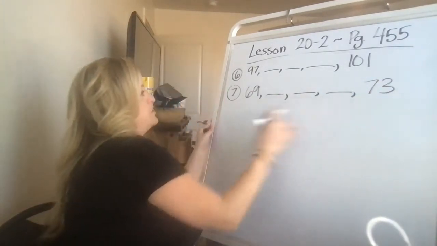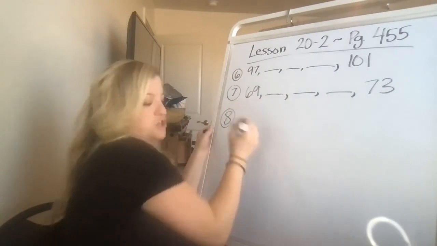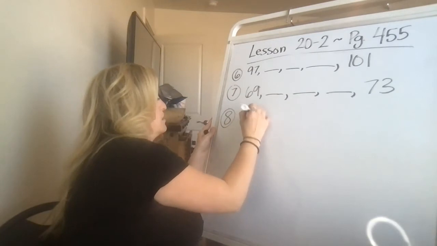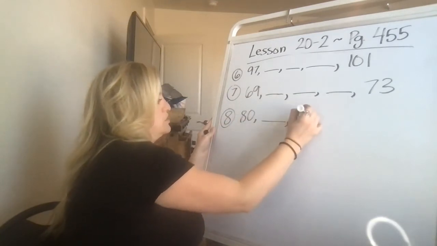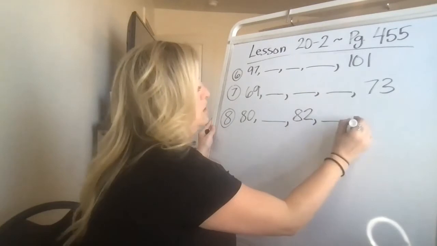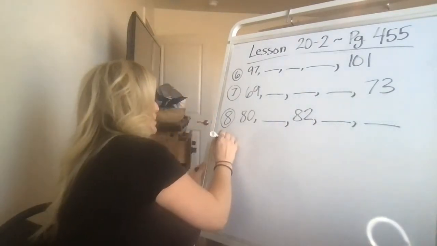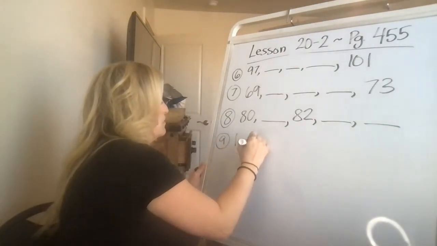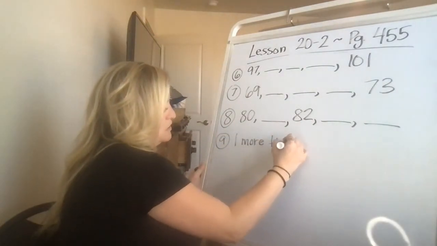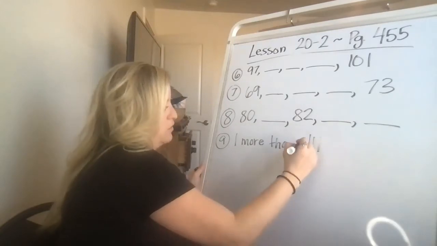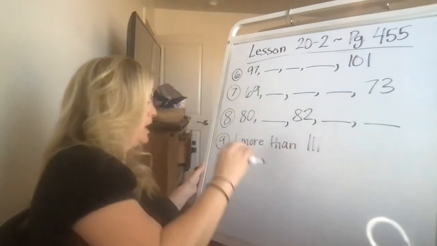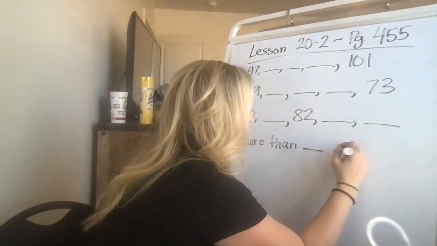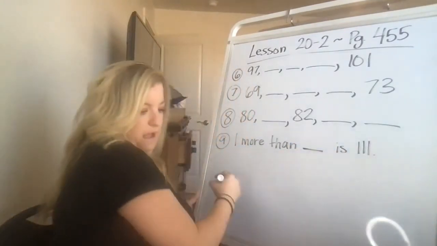So you have to figure out what numbers are hiding there, and you can use your hundreds chart that the book gives you. Number 8 is 80, blank, 82, and two more. Number 9 is 1 more than blank. 1 more than blank is 111.